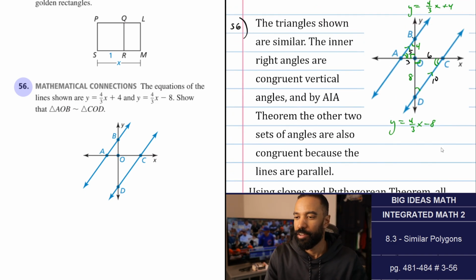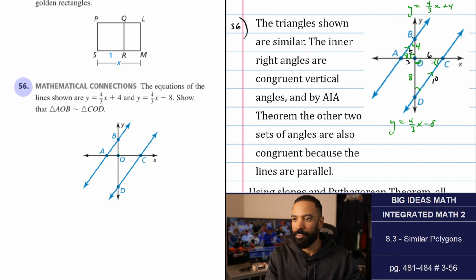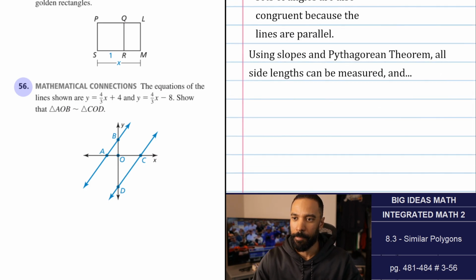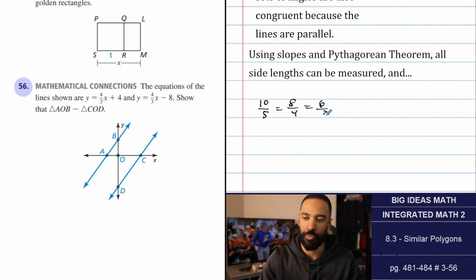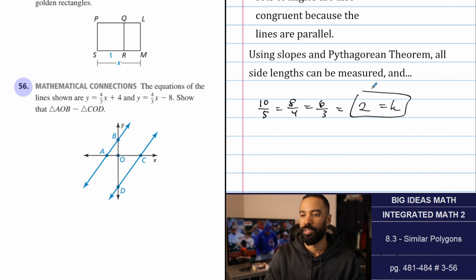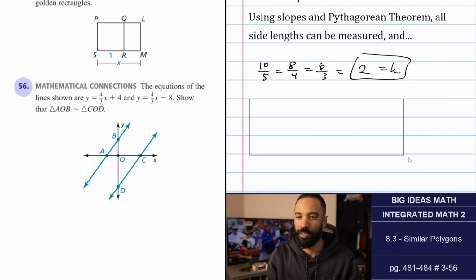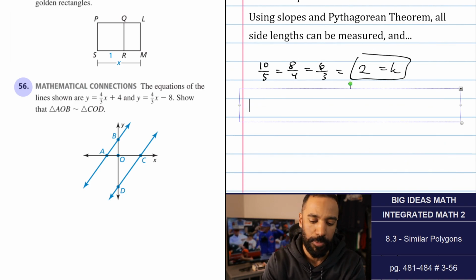I can divide 10 by 5, 8 by 4, and 6 by 3. 10 over 5 equals 8 over 4 equals 6 over 3, which all equal 2. And that would be the scale factor.